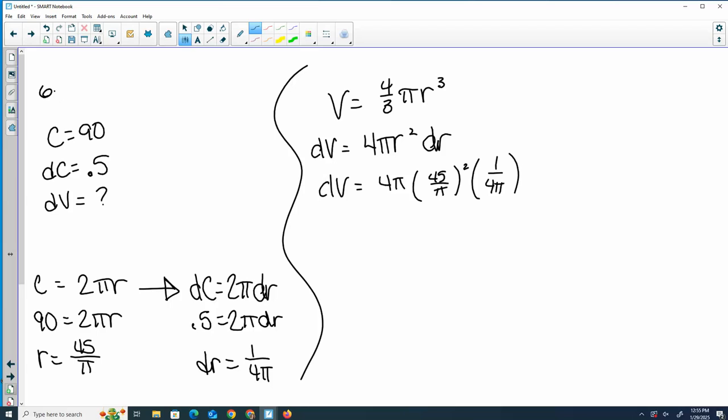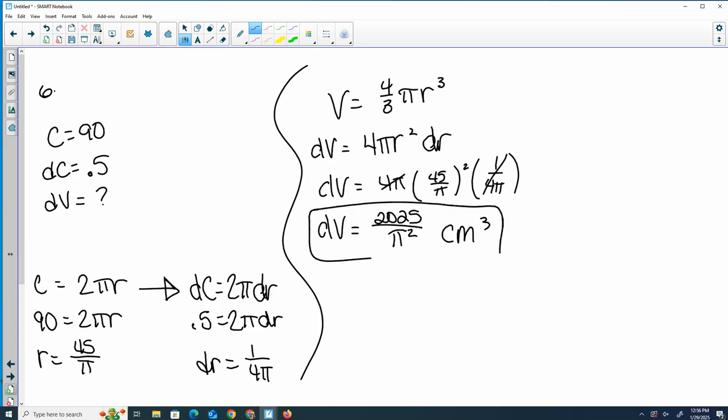And now we just work this out. So do these cancel? So 45 squared over pi squared. My units, volume is cubed. We were in centimeters, so centimeters cubed. And it's not in terms of time, so I don't need a per second or anything.